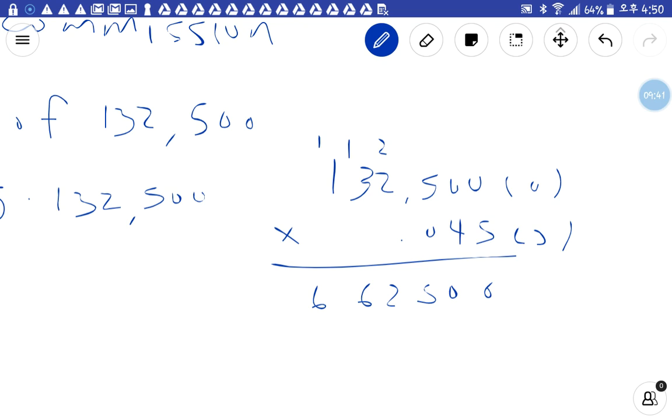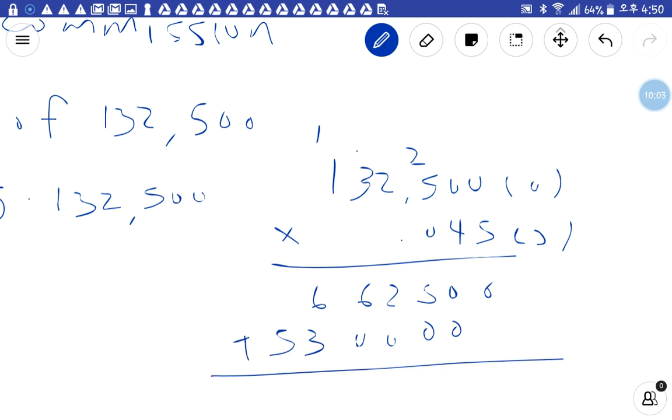And then the second number, 5 times 4 is 20, and 2 times 4 is 8, 10, 3 times 4 is 12, 13, and 5. The last 0 will be 0 anyway. So 0, 0, 5, 2, 6, 9, 5.